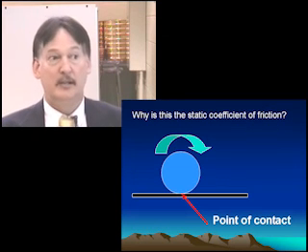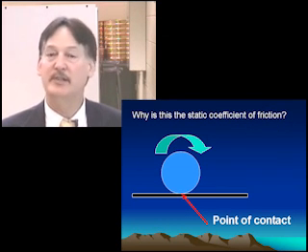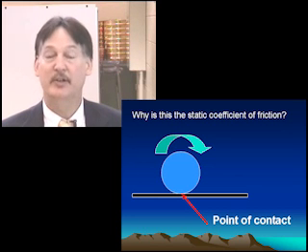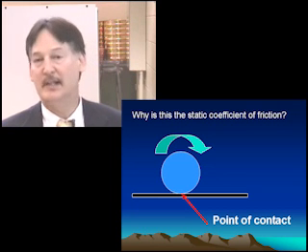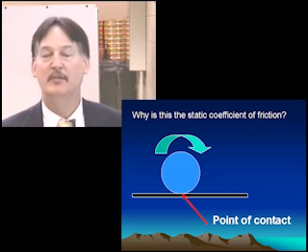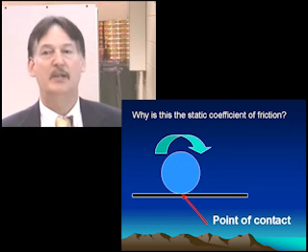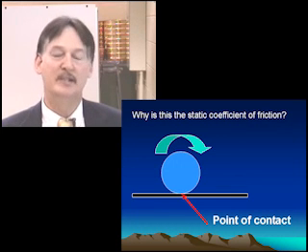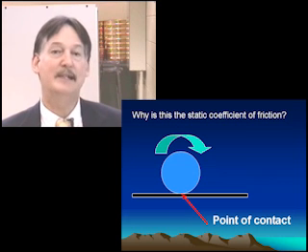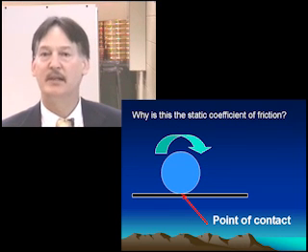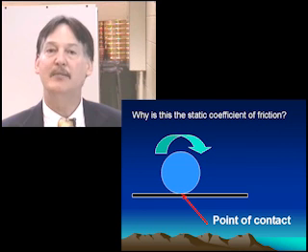As I mentioned earlier, static friction is the one that's important for a car tire on a road because it's the higher value of the frictional force than the sliding friction, which is the kinetic coefficient. And if you think about it for a moment, to revisualize the rolling of the tire over the surface of the road, the point of contact between the tire and the road is not moving.